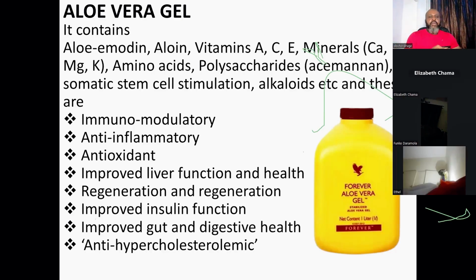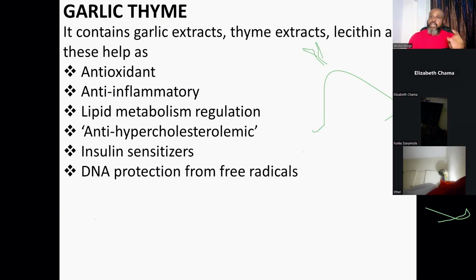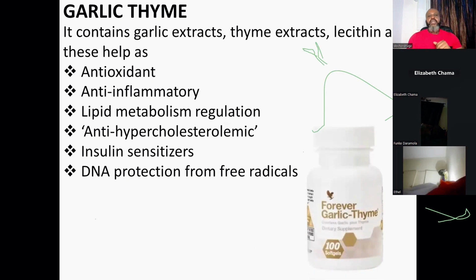Then we have improved insulin function, of course, because it also helps with type 2 diabetes. Then improved gut and digestive health because of the soluble fibers in there. And of course, it helps to reduce blood cholesterol. How amazing. Then for fatty liver disease, this contains lecithin and a lot of other extras like thyme and garlic that have antioxidant, anti-inflammatory, and lipid metabolism regulation effects.